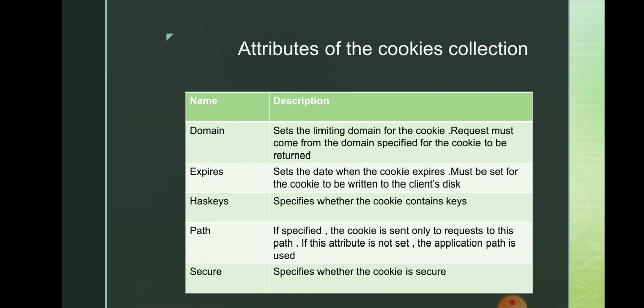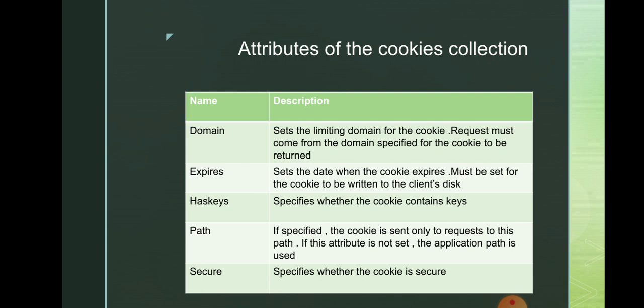Okay. Next, there are some attributes of the cookies collection. There are cookie properties in the HTTP request object and the HTTP response object. Here we are going to discuss the brief attributes of the cookies. First attribute is domain.